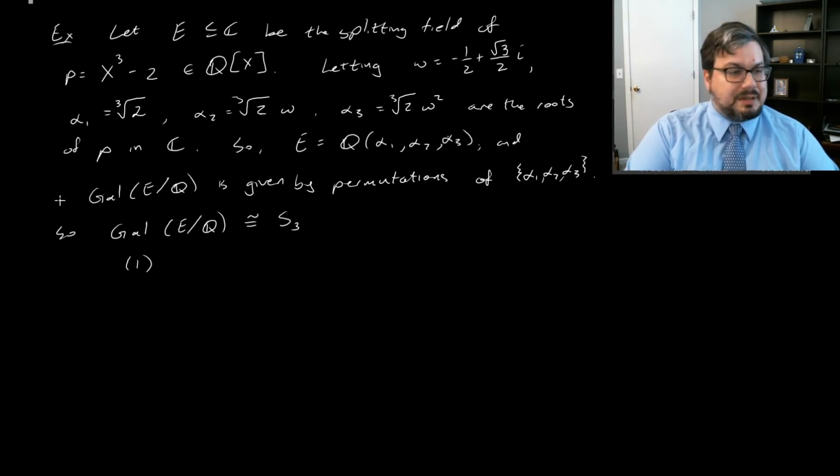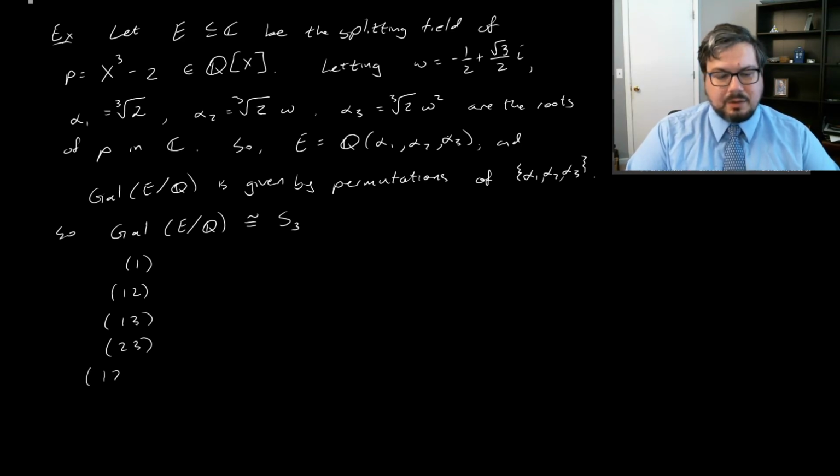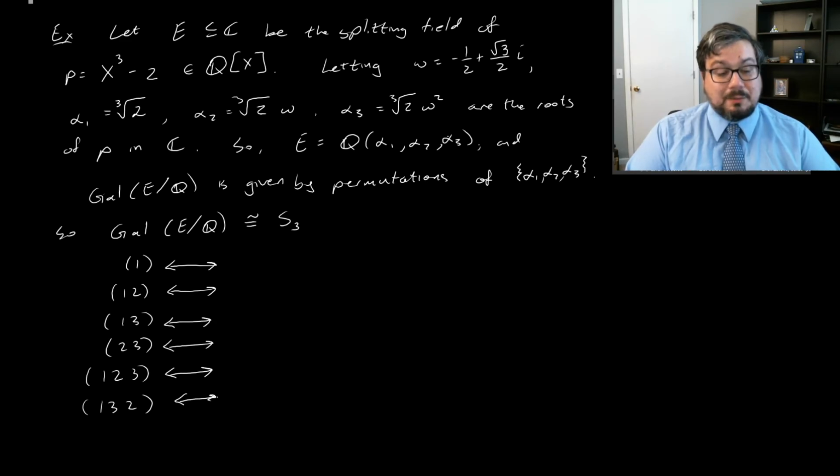And I'm going to write down the permutations here on the left. 1, 2, 1, 3, 2, 3, 1, 2, 3, and 1, 3, 2. These are the elements of S3. And these correspond to elements of the Galois group, which I'm going to notate as follows.